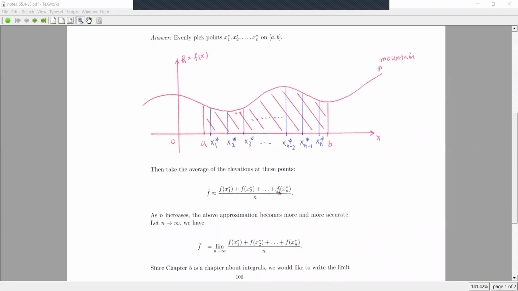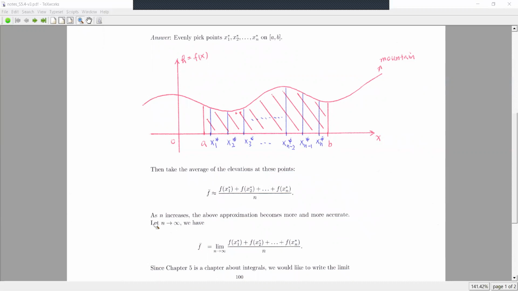Roughly, this is F bar. F bar is the average elevation of the mountain between A and B. It's easy to understand that the more points we pick, the closer this average is to F bar.